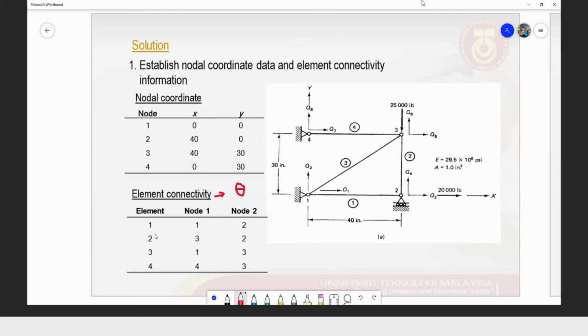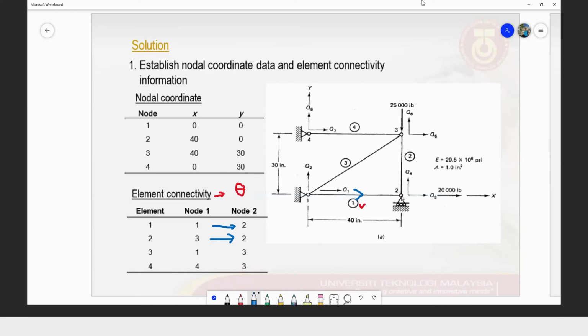So for element number 1, it says that this element is connected from node 1 to node 2. In my case, I like to draw the direction of the element connectivity, starting from node number 1. So it is connected from 1 to 2. All right, for element number 2, it is connected from 3 to 2.